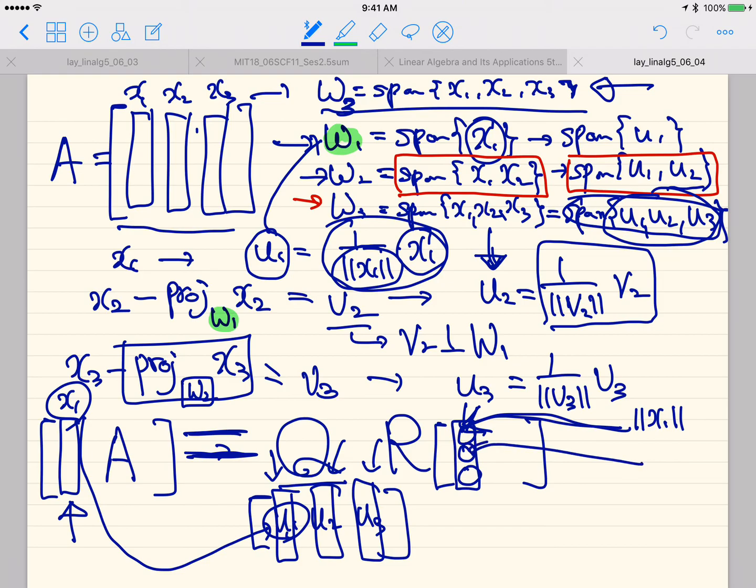And what about the second and the third one? What is the linear combination coefficient? It should be 0. Do we ever use u2 or u3 to explain x1? Probably not, right?